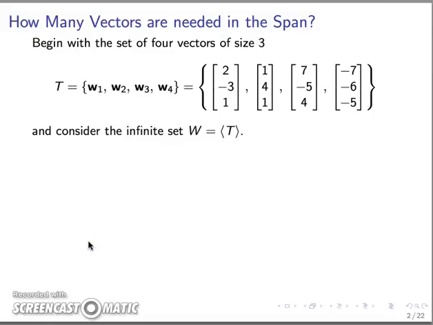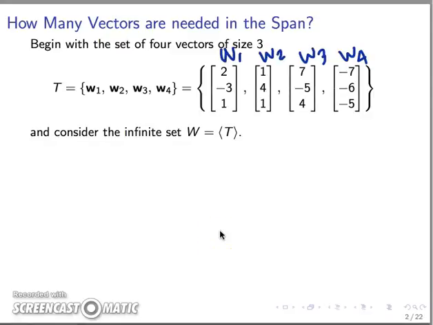We consider this example in which we have a set here called T, with four elements, four members, W1, W2, W3, and W4. And the span of this set we say is an infinite set, because remember, the span is the set of all possible linear combinations.